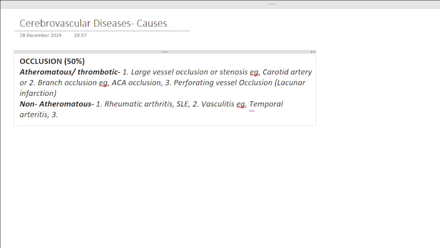Or maybe miscellaneous diseases, for example sarcoidosis.